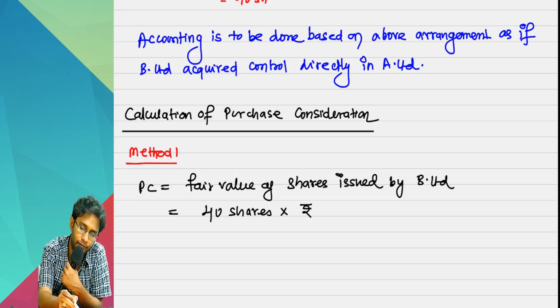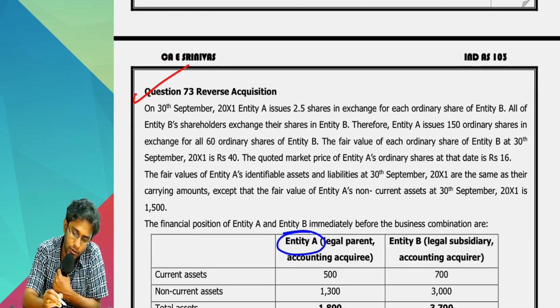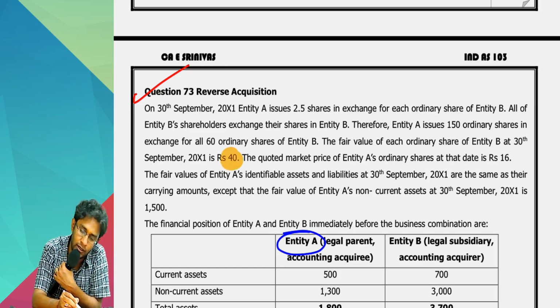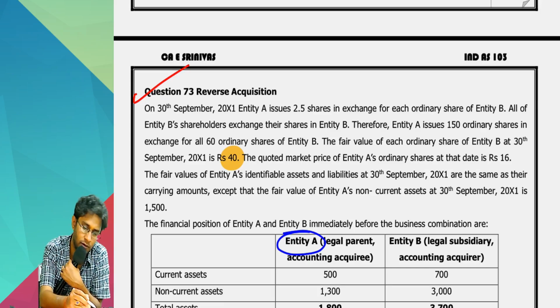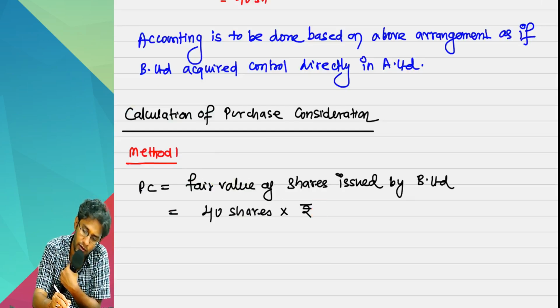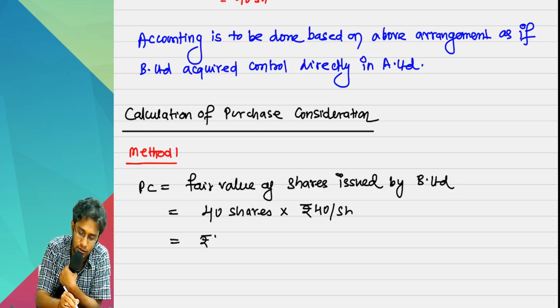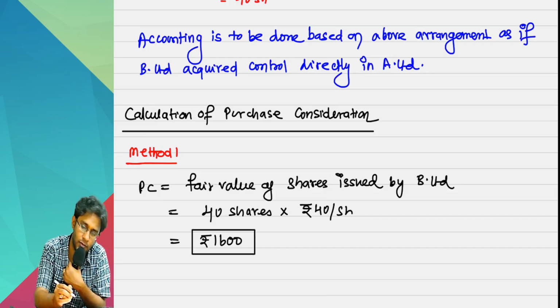Go and see. See here, the language: the fair value of each ordinary share of entity B is rupees 40. So 40 shares we are issuing. 40 rupees is the price per share or fair value per share. So the answer is 1600. So this is one PC.